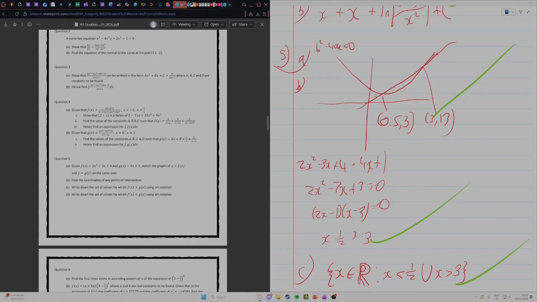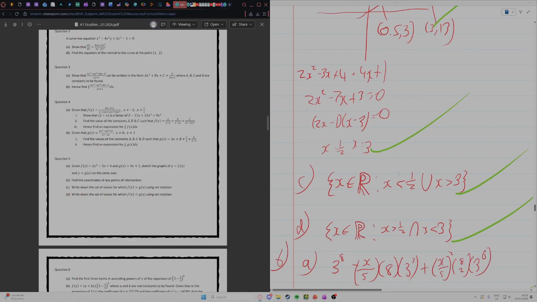For finding set notation, if you just look at the graph, you can see that it's going to be before here or after here, where the parabola is higher than the line, and you just put it in whatever form of set notation you can. There's a lot of different ways you can write the set notation. It's not just the ones they write in the answers. They use some weird thing in the answer, but this is how I write my set notation.